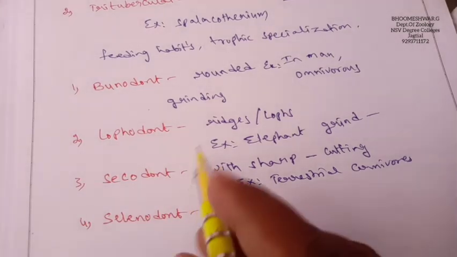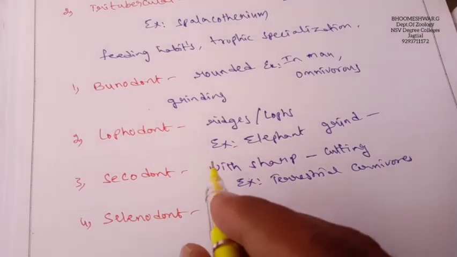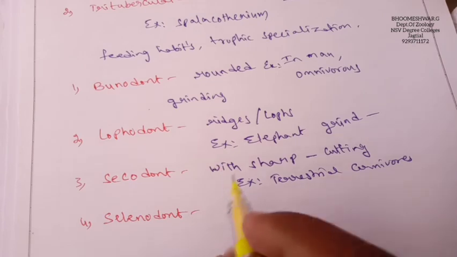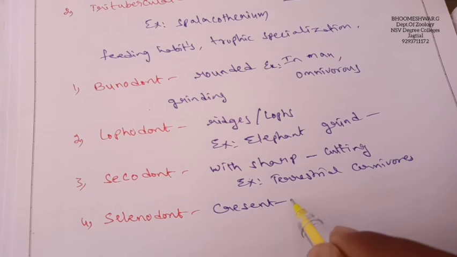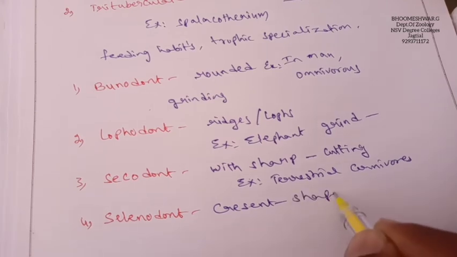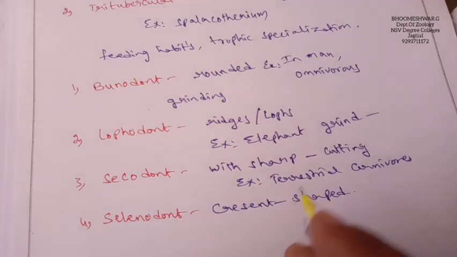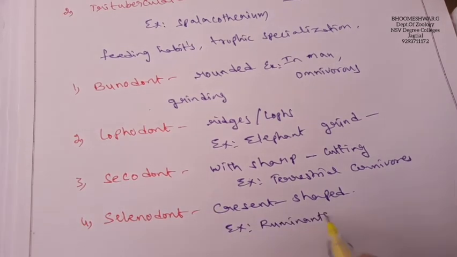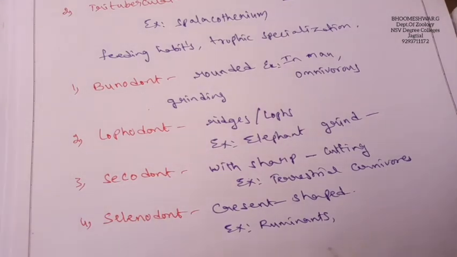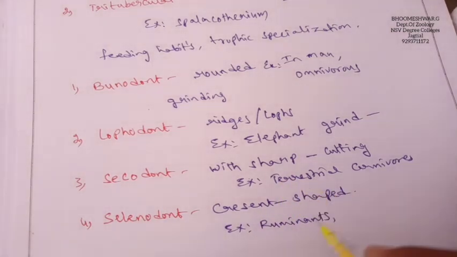Selenodont cheek teeth have crescent-shaped cusps, which are seen in many ruminants and horses, and also in various other herbivorous individuals.